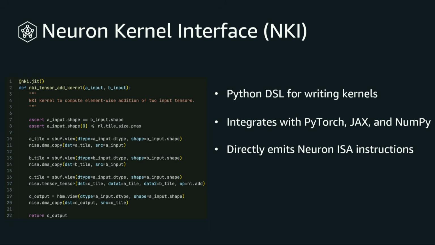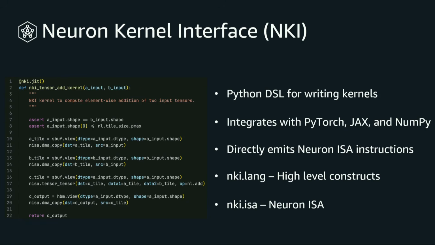We have a couple of namespaces within NKI. We have NKI lang, which has higher level constructs, helper functions, that kind of thing. We also have direct Neuron ISA instructions as part of the NKI ISA namespace. On the left-hand side, you see a kernel. We're going to hop into that in a minute and go through it line by line to show you what it's like to build a basic kernel before we get into the benchmarking.